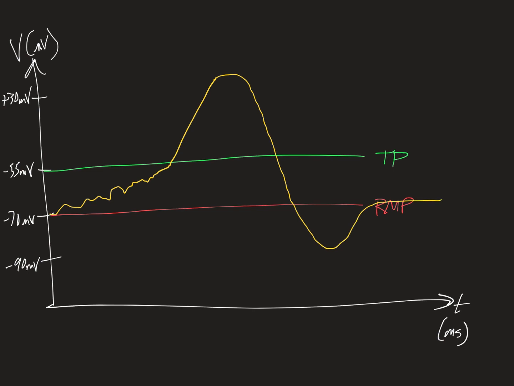So what's happening in these ranges here? So let's do this. Right in here, this is a sodium rush. Get my colors right here. So this, I'll just call it a sodium rush.